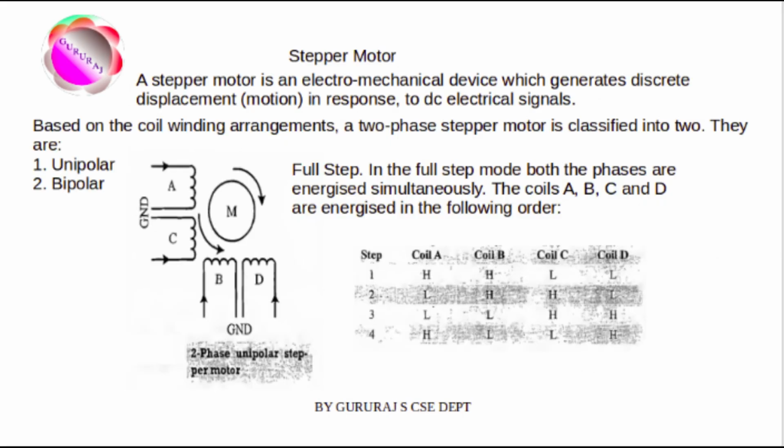Next I/O subsystem is the stepper motor. We have some experiments to work on this stepper motor, and this part is very important from that perspective. A stepper motor is an electromechanical device which generates discrete displacement in response to DC electrical signals. It differs from a normal DC motor in its operation.